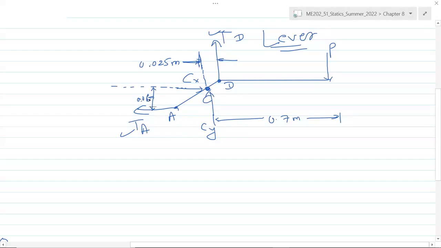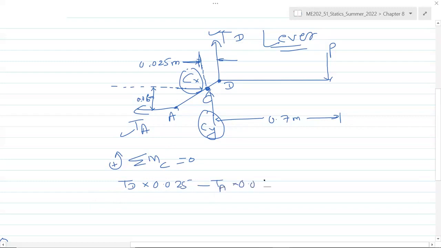Now we can apply the sum of moments at C equal to 0 when the system is in equilibrium. Counterclockwise is positive. Again, why have we selected C? Because we would like to eliminate CX and CY. So now it's because of TD and TA. It's counterclockwise: TD multiplied by 0.025 minus TA multiplied by 0.06.